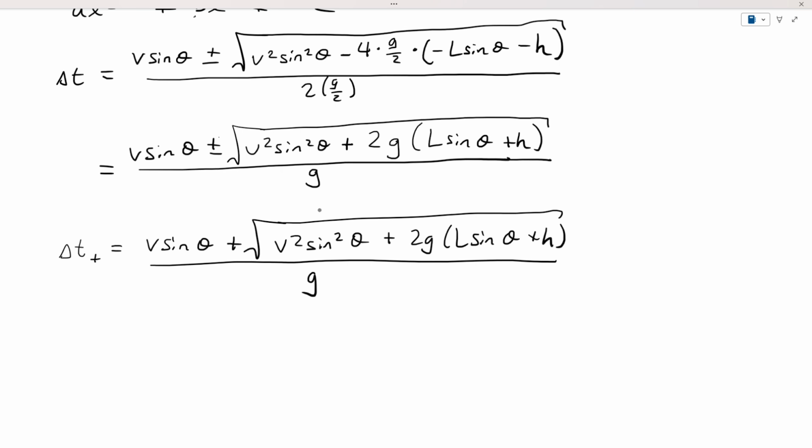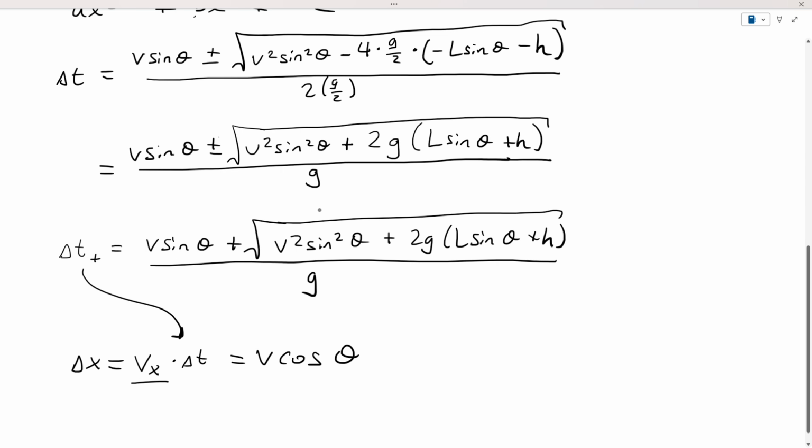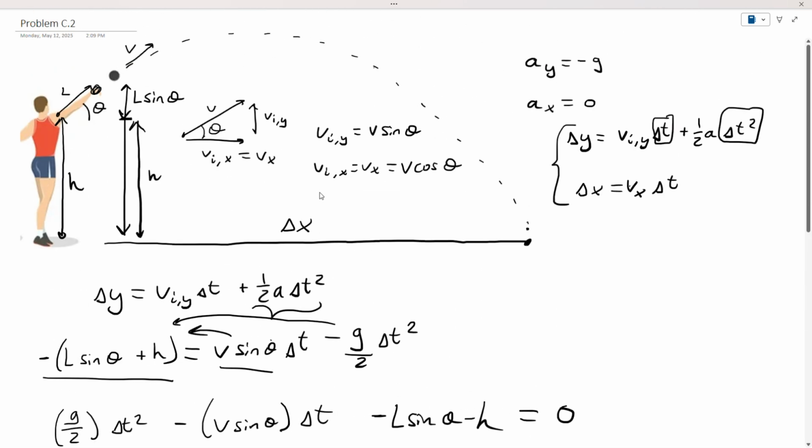Now we've found the time, and all we need to do is plug this time into the equation to find the horizontal displacement. So delta x is equal to vx times delta t. And since the speed is constant, we're just going to plug in vx, which we remember is v cos theta, as we found out at the beginning here.